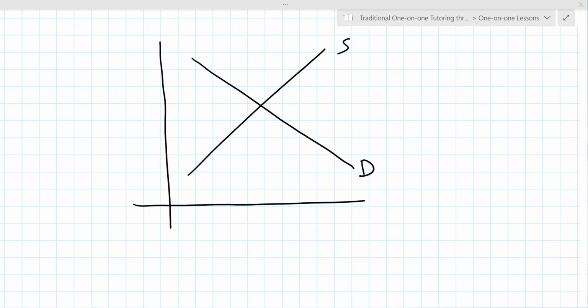Sometimes, in really awful multiple choice questions, they give you shift along, shift of, and all the directions, and you've got to be really careful which one it is. Is it an upward or a downward movement? Things like that.